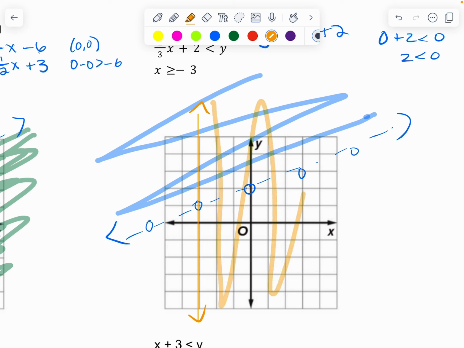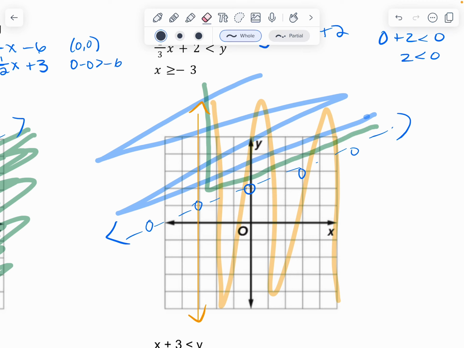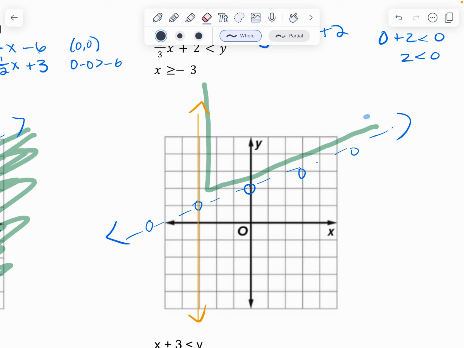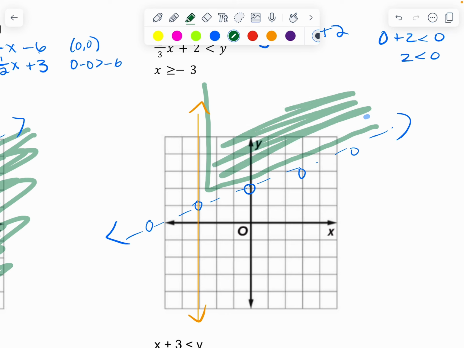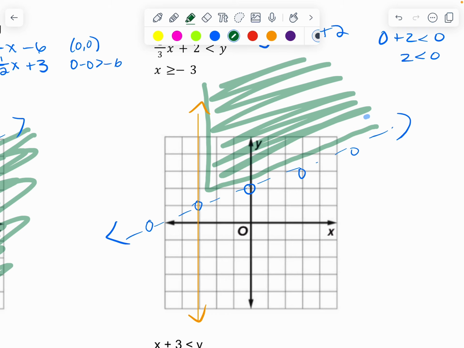So that means this. But I want the part where they overlap. So the part where they overlap is the part that I want. So I'm wanting this section up here. I don't need this, and I don't need this. This part right here is the part that's the solution.